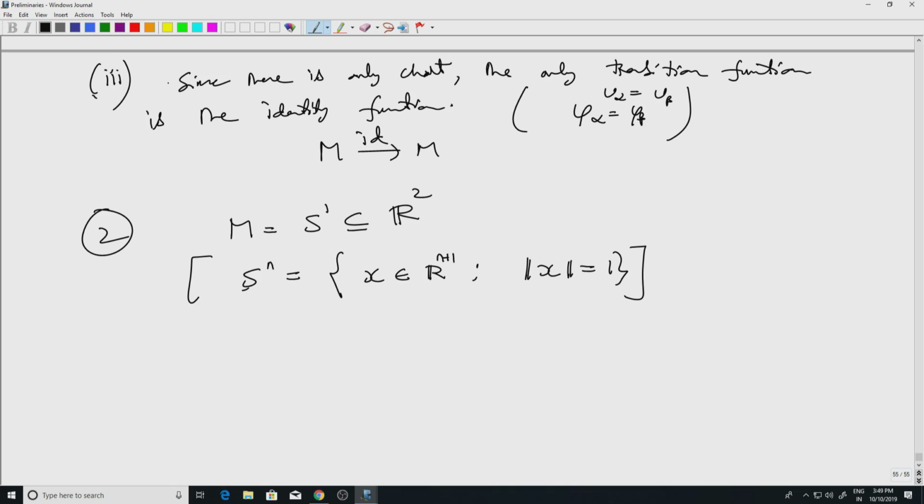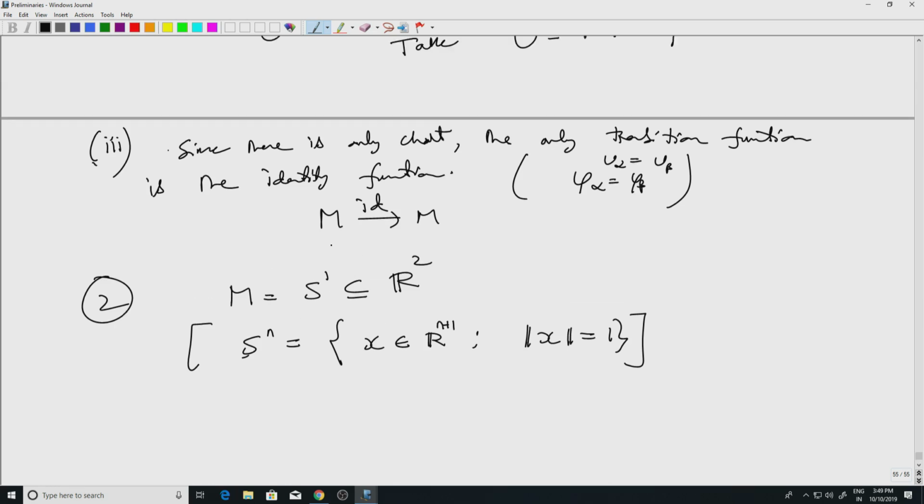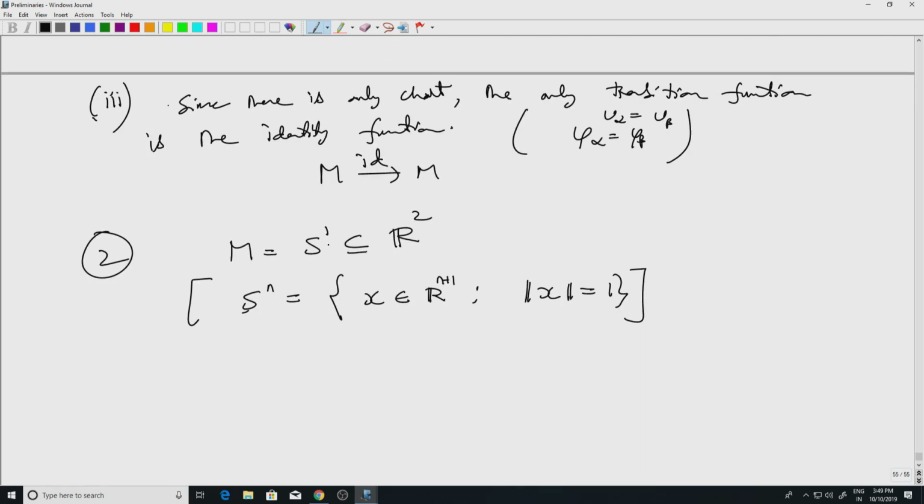So we would like to claim that S1, or more generally Sn, is a smooth manifold of dimension n. So let's begin by constructing some obvious looking charts on S1. But as I said, even before we construct charts, we have to verify that this is actually second countable and Hausdorff.